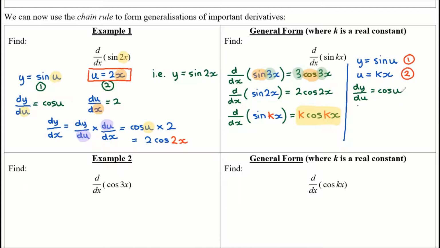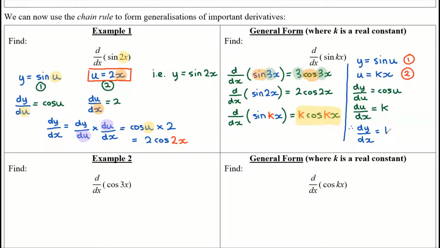And then du by dx. k is a constant, like 3 or 2 or 5, whatever it is, so that's just going to leave us with k. When we compose these two together, i.e. multiply those results, we can say that dy by dx would be the product of k and cos u.